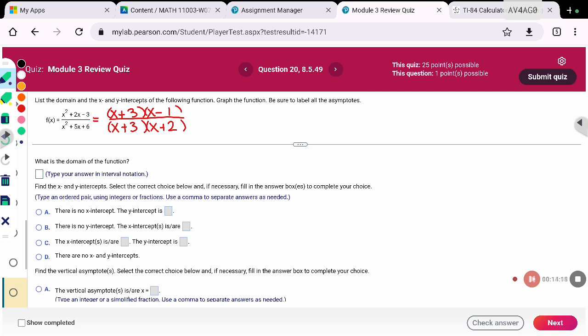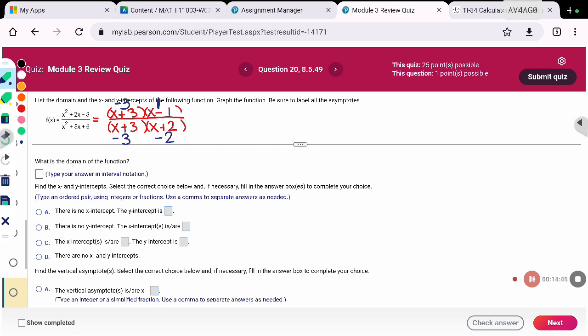If x plus 3 is a factor, that means -3 is the 0. If x minus 1 is the factor, then +1 is a 0. In the bottom, x plus 3 is a factor. That means -3 is a 0, and so is -2.